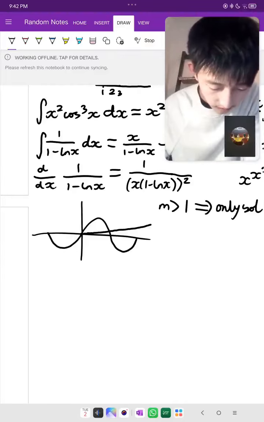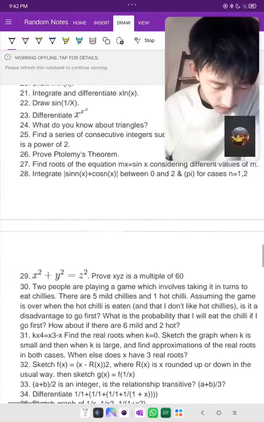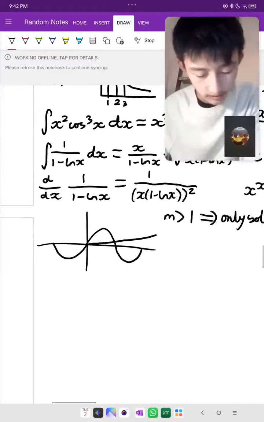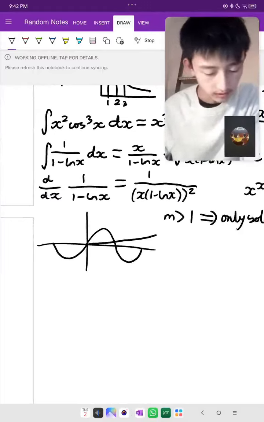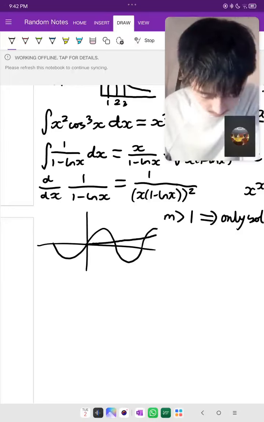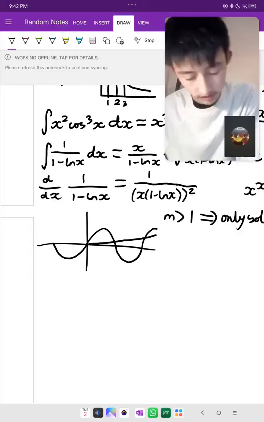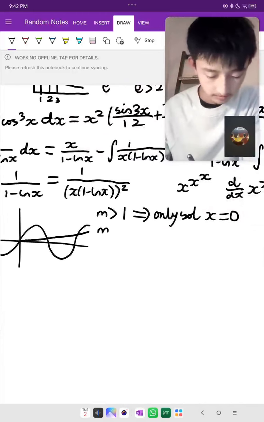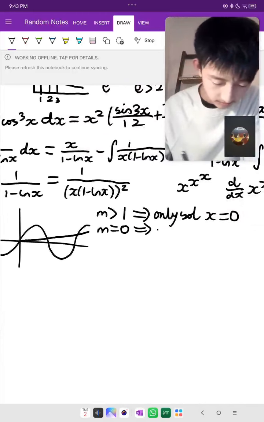So I think... Do they want us to find solutions or how many? I don't think there's a sort of analytic way to find what the solutions are. So I think in theory, if m is small enough, this can intersect effectively infinite times. I know that if m is 0, there's infinite solutions.